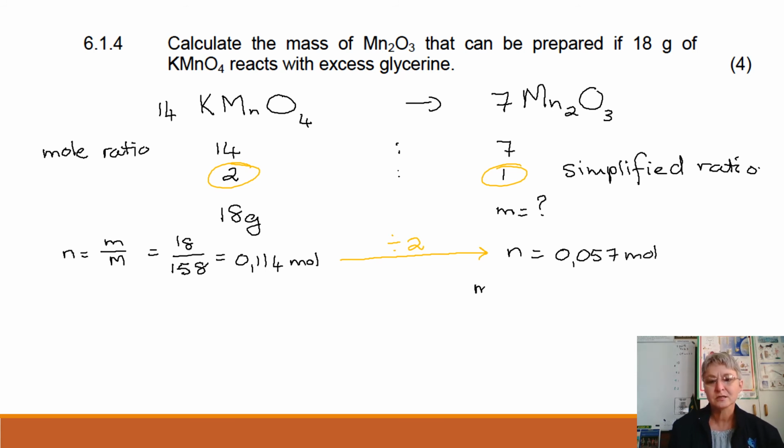To get the mass, it's moles times molar mass, so it's this 0.057, and the molar mass for Mn2O3 is 2 times 55 plus 3 times 16, which is 158.